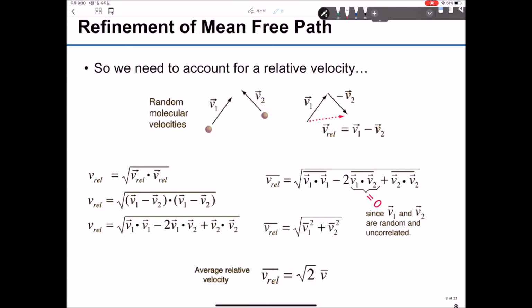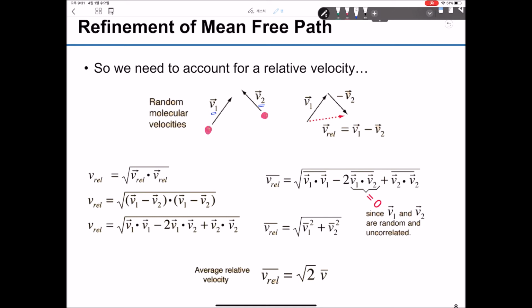Okay, so we need to account for the relative velocity, and here again, I just gave you all these things. So let's say these two molecules have random velocities of v1 and v2, right? There are two vectors with different directions, right?